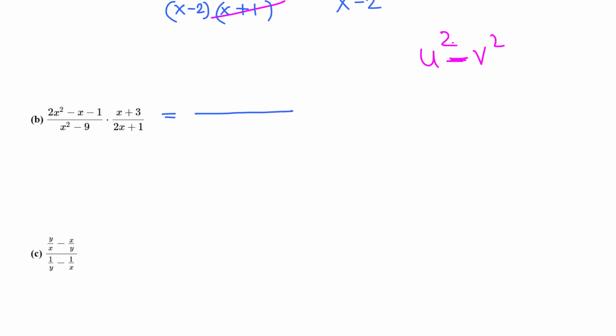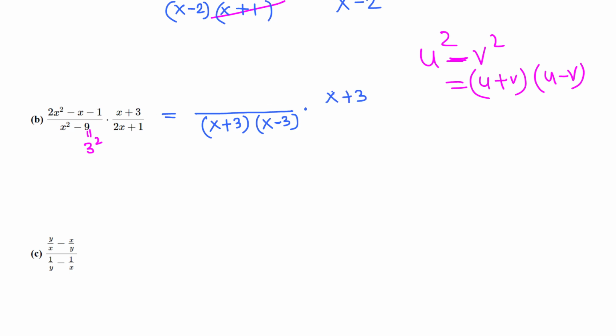When we have a difference of two squares, it factors as u plus v times the quantity u minus v. 9 is 3 squared, so x squared minus 3 squared, and applying the formula gives x plus 3 times x minus 3. The other, x plus 3, is degree 1, so it does not factor further, and we can put parentheses around it.